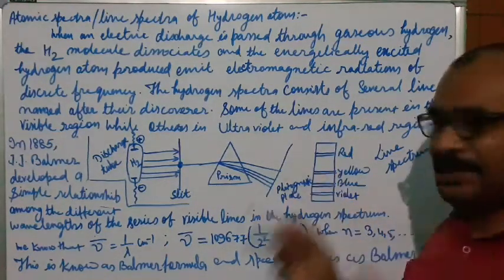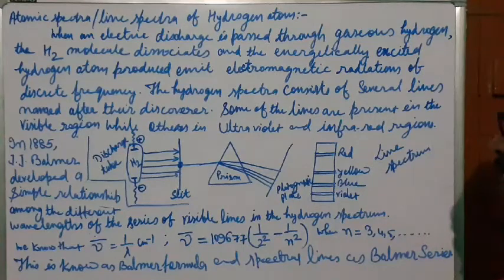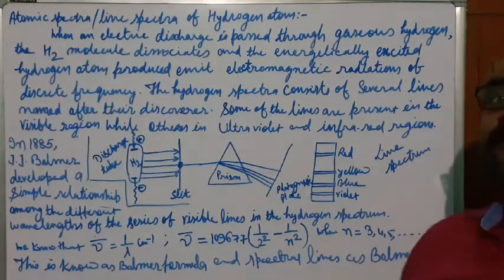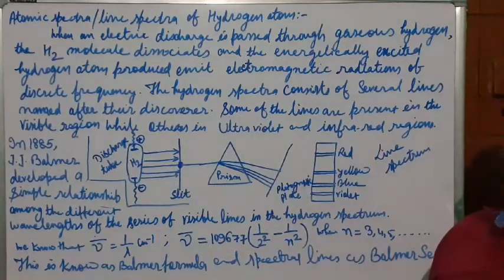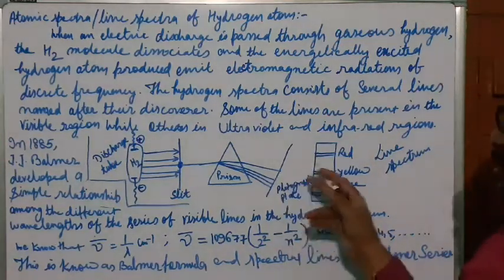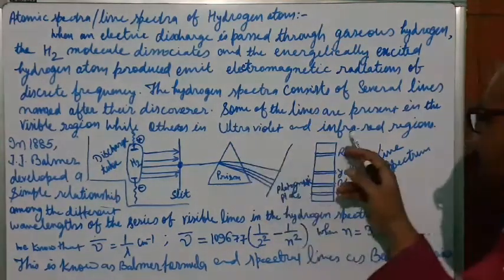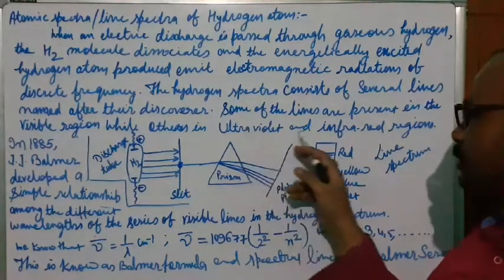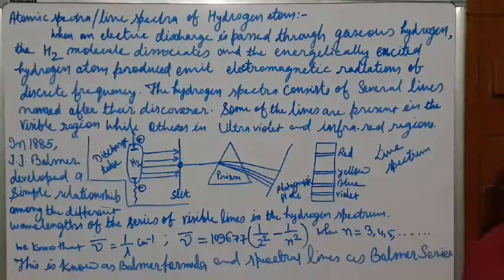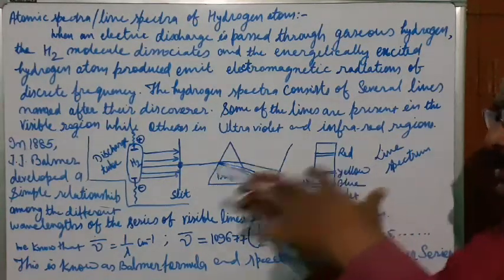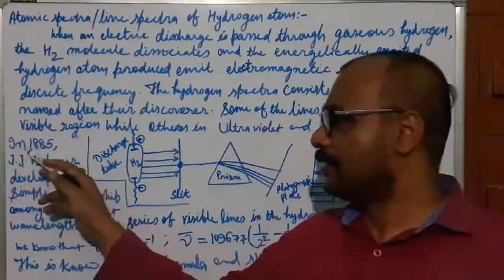When he carried out this experiment for the first time, facilities were not available to see the line spectrum in the ultraviolet and infrared regions. That came later, after the discovery of the Balmer series. So why do we say Balmer series for the spectral lines appearing in the visible region? Because it was discovered by J.J. Balmer in 1885.